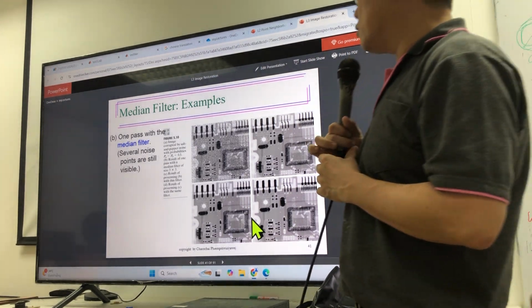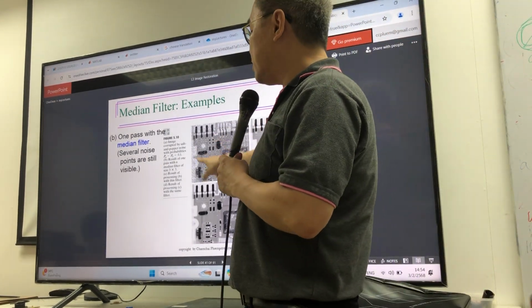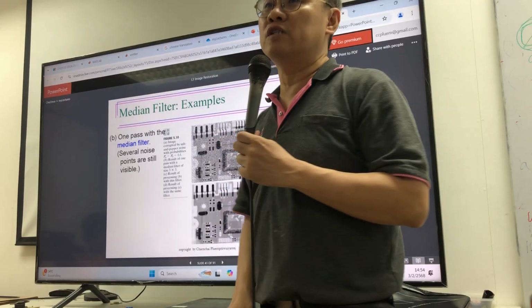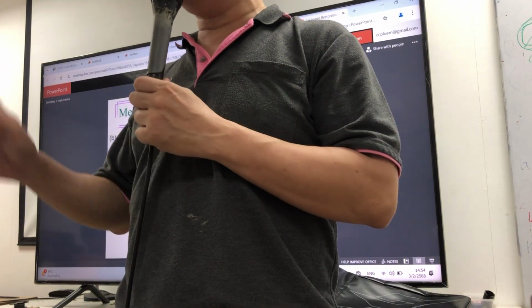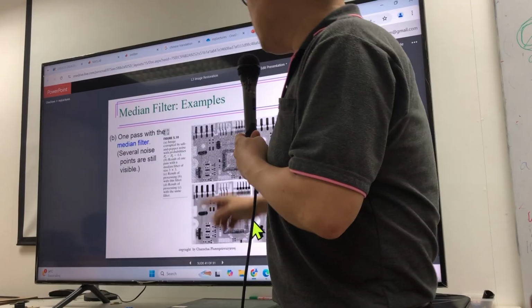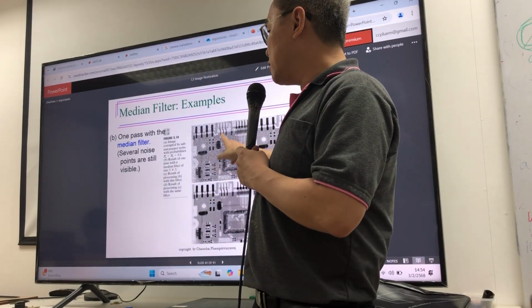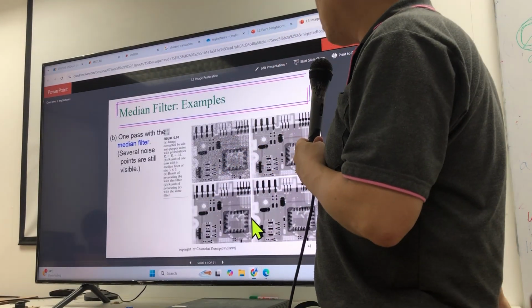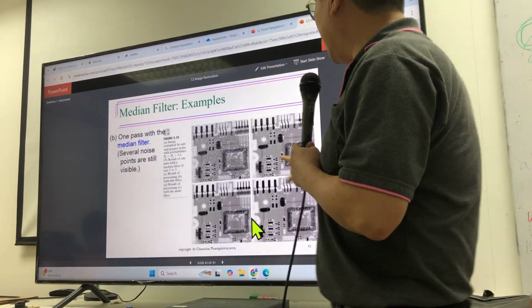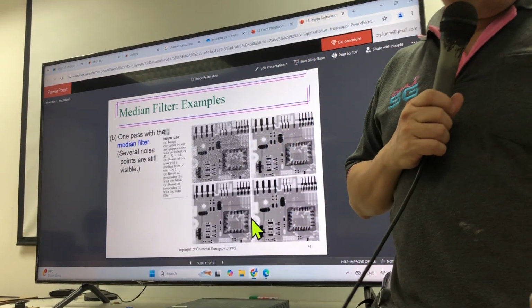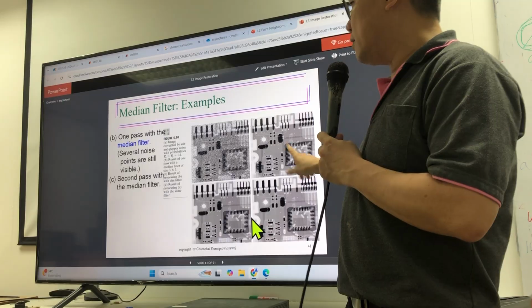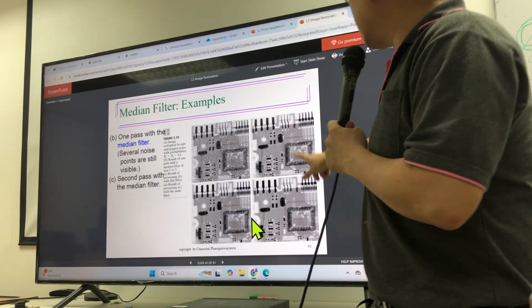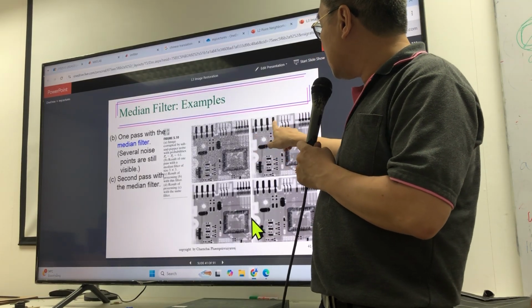For the median filter, this is the salt and pepper noise. The median filter is known to be able to get rid of salt and pepper noise. If you apply the median filter several times, what happens? If we apply the median filter one time, it can get rid of the salt and pepper noise already, but there's still some salt and pepper left.